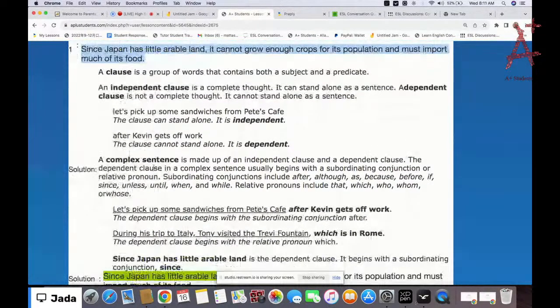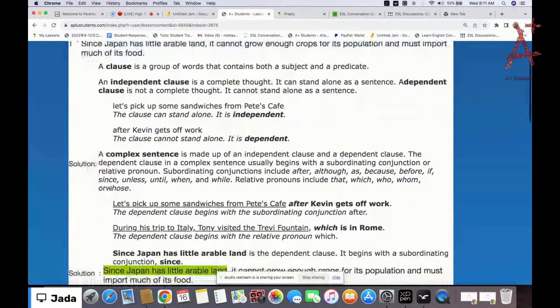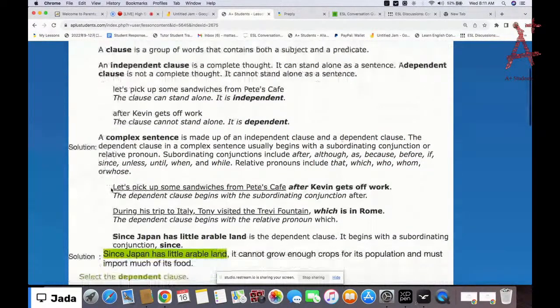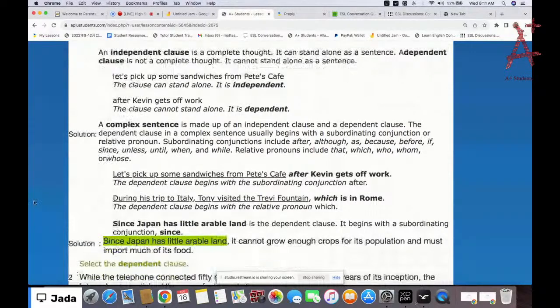So since is an example of a subordinating conjunction. So we have since, and the sentence starts with since Japan has little arable land. So now it's gonna be this part. So since Japan has little arable land is a dependent clause. It begins with a subordinating conjunction, since.